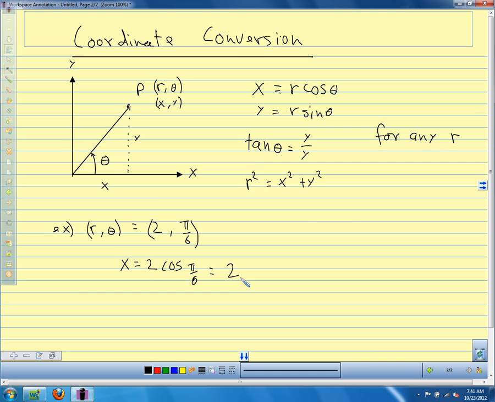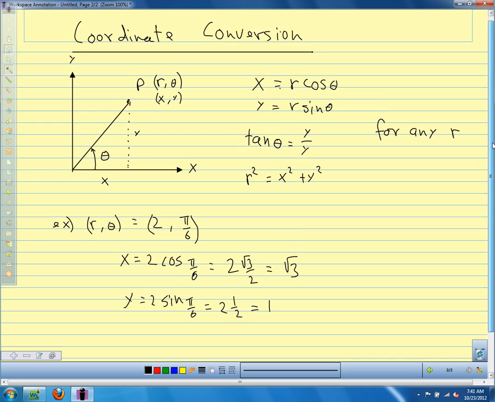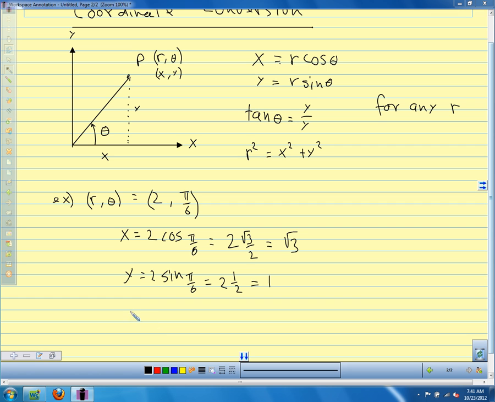We remember, square root of 3 over 2. So x is just square root of 3. And y equals 2 sine pi over 6, which is 2 times the sine of pi over 6, 1/2. So y would be 1. So our point in rectangular coordinates would just be square root of 3, 1.